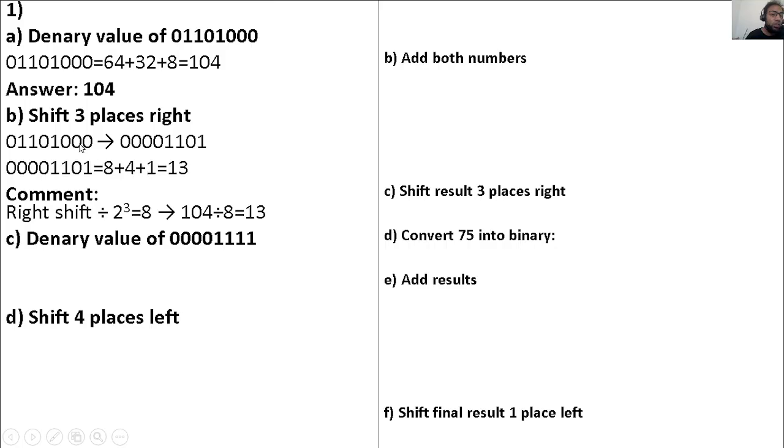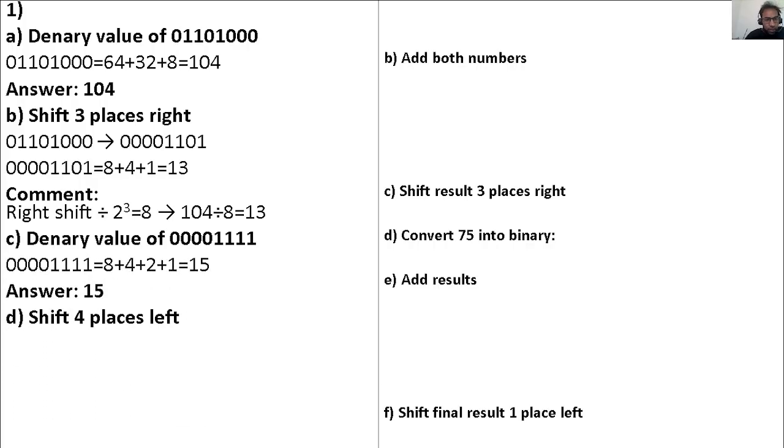So with 3 shifts you get the result 13. 13 multiplied by 8 gives us 104. So when we divide it 3 times by 2, that means we are dividing it by 8. Right shift divides by 2 cubed, so that gives us the value.